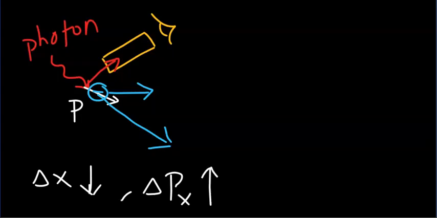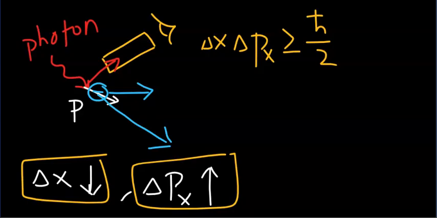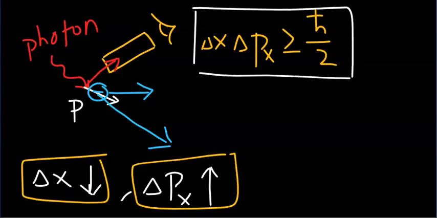So if delta x is small, then delta px becomes very large so as to maintain the uncertainty rule, namely delta x times delta px must be greater than or equal to h bar over 2. That is the essence of the Heisenberg uncertainty principle.